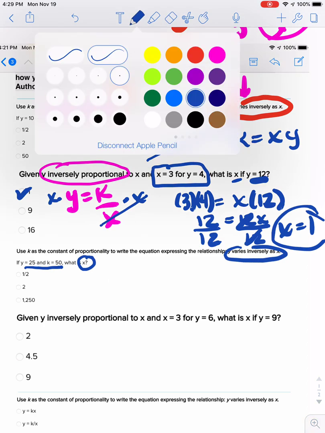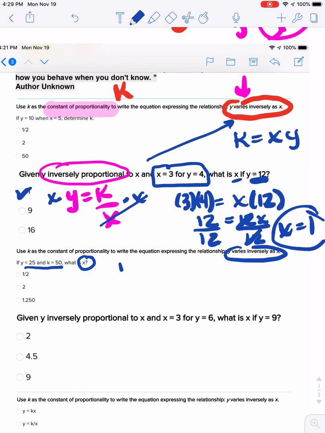And I'm going to do y equals k over x. And I'm actually going to take these values and plug them in. So y is 25. K is 50. And they want us to solve for x.